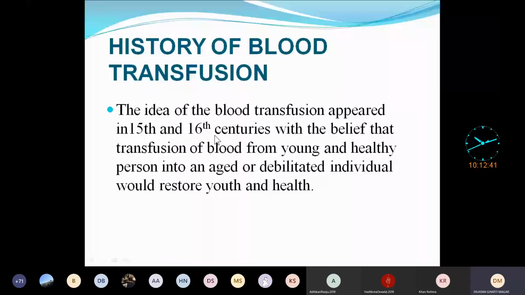So it appeared in the 15th and then the 16th centuries with the belief that transfusion of blood from young and healthy persons into an aged or debilitated individual would restore youth and health.